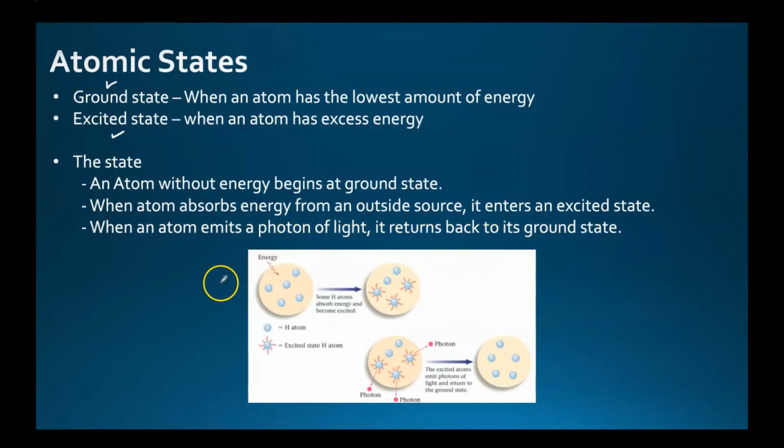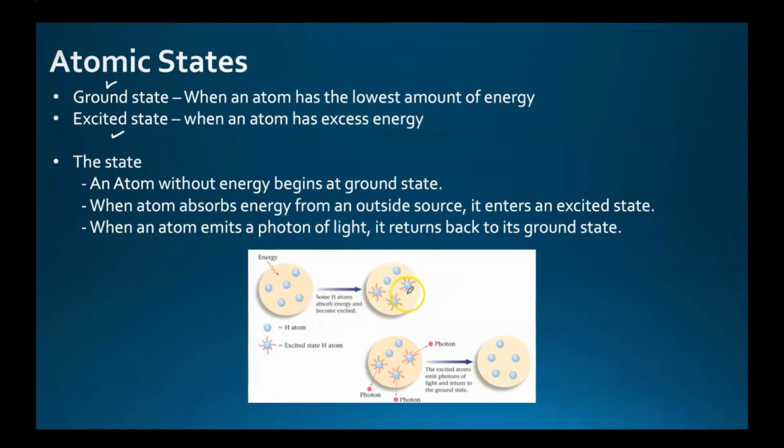So let's look at this diagram together. Okay, so we have a hydrogen atom, right? And the hydrogen atom is at the ground state. So it means it's at the original state, okay? And when it receives energy, some hydrogen atoms become excited, okay?